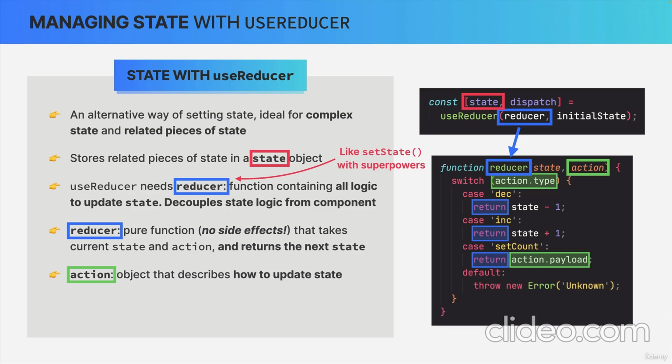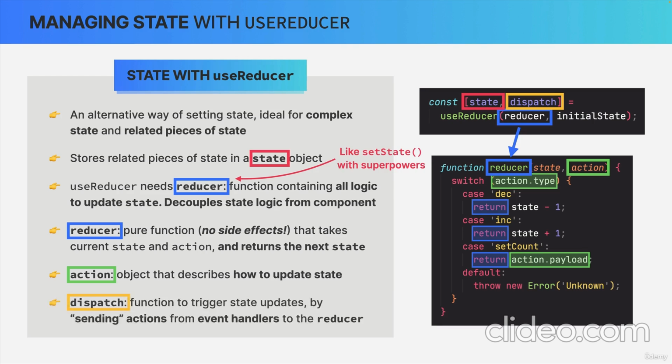How do we actually trigger a state update? Well, that's where the dispatch function comes into play. So useReducer will return a so-called dispatch function, which is a function that we can use to trigger state updates.